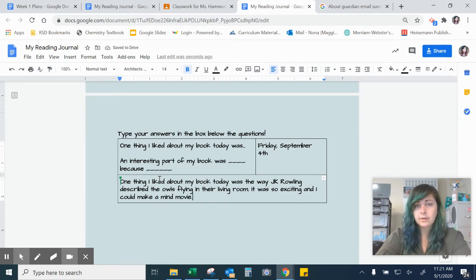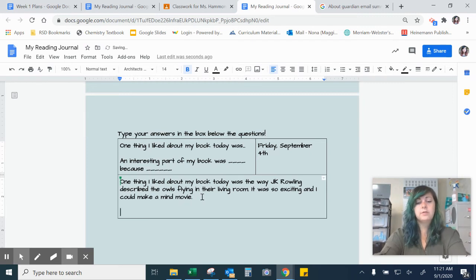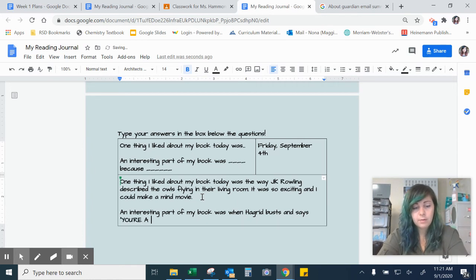Okay, am I done? No, I'm not done yet, because if you look closely, there's actually a second part for me to respond to. An interesting part of my book was blank because blank. So my job is to fill in the blanks in that sentence. An interesting part of my book was when Hagrid busts in and says, "You're a wizard, Harry."